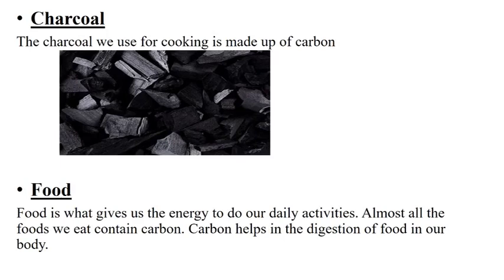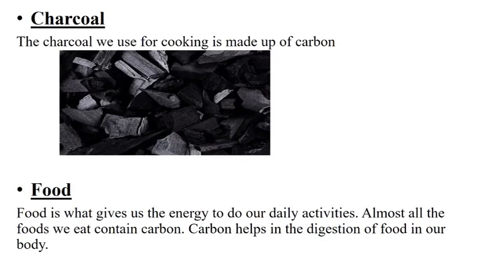So, as a result of absorbing carbon dioxide, they end up storing a lot of carbon in them, which makes them one of the sources where we get carbon from. So the charcoal we use for cooking is made up of carbon.